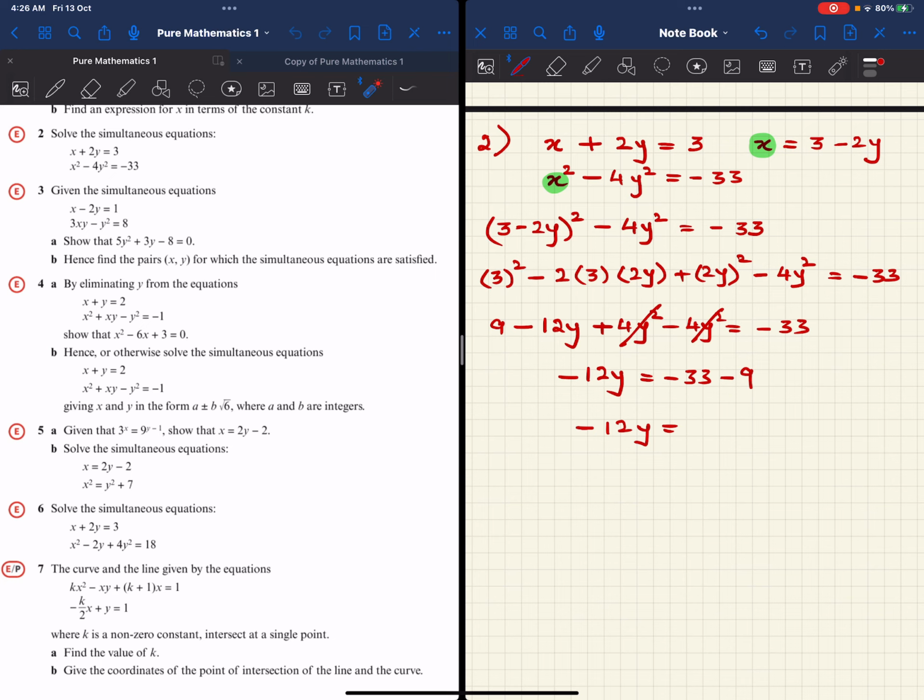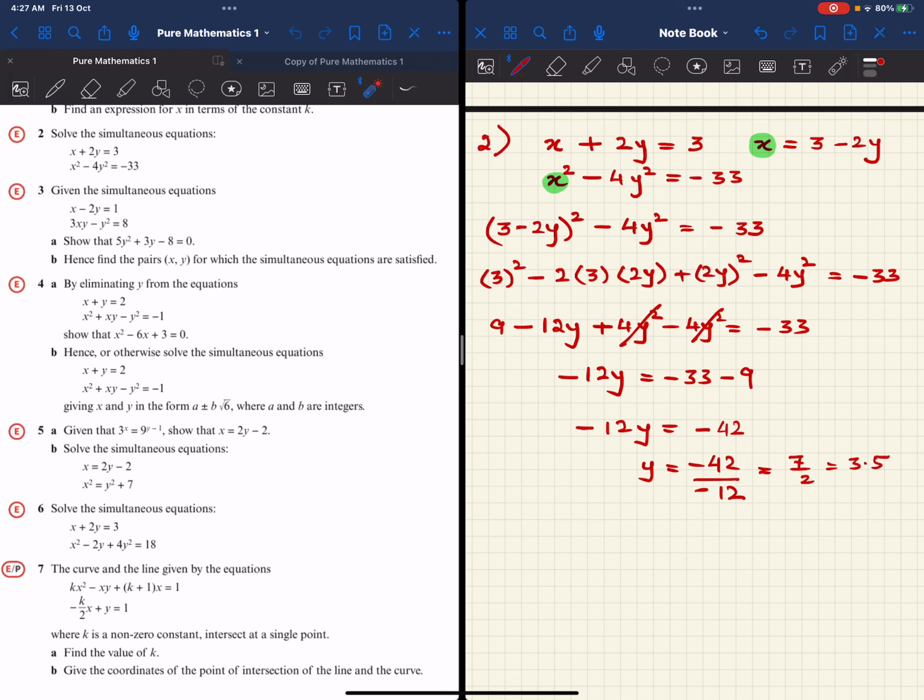Minus 33 minus 9 is minus 42. Therefore, I have the y value as minus 42 divided by minus 12, and that is 7 by 2 or 3.5.